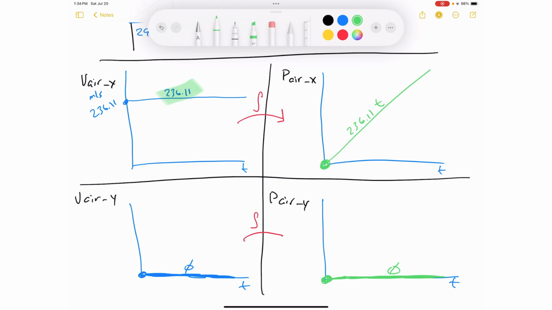So that means the position, the velocity, and the acceleration are all 0 in y. So we don't need to worry about that. The only thing we need to worry about is just x. Okay, so that's great. So this is our airplane. These are the 4 functions for how the airplane is moving in both x and y, which is great.